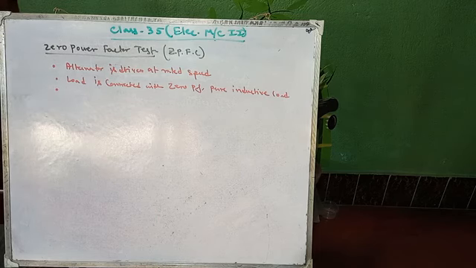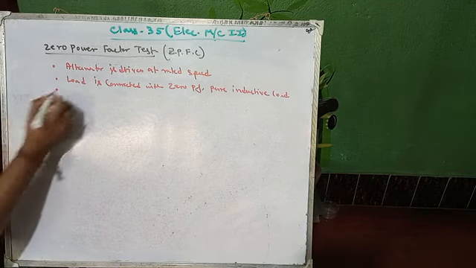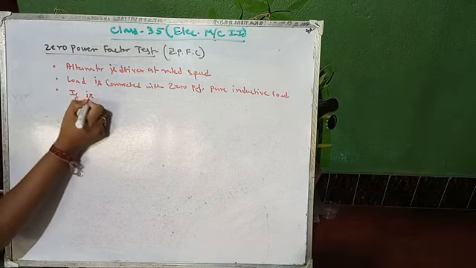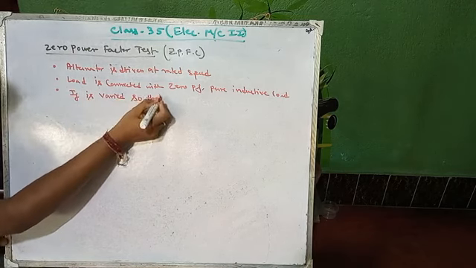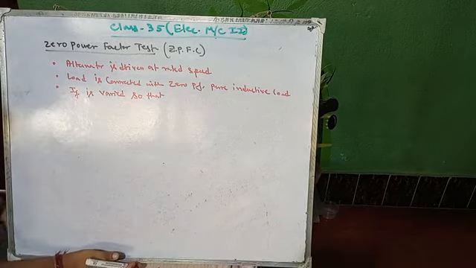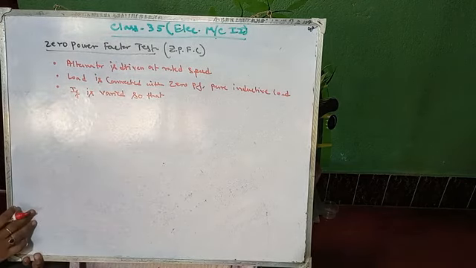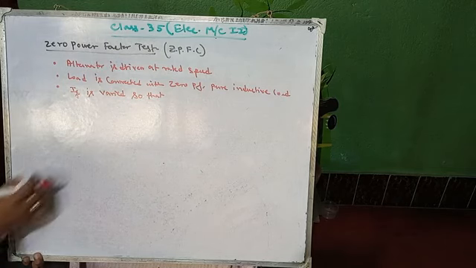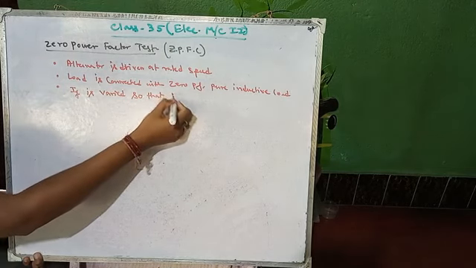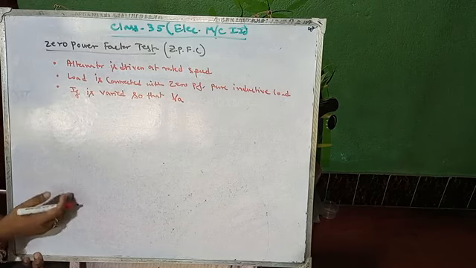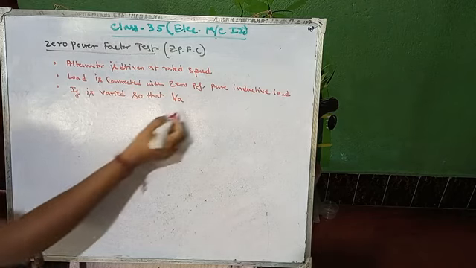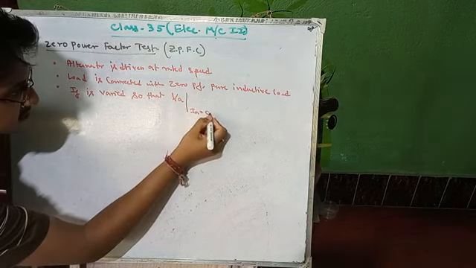Next, the field current IF is varied so that the armature terminal voltage VA is also varied, by keeping IA equal to constant.